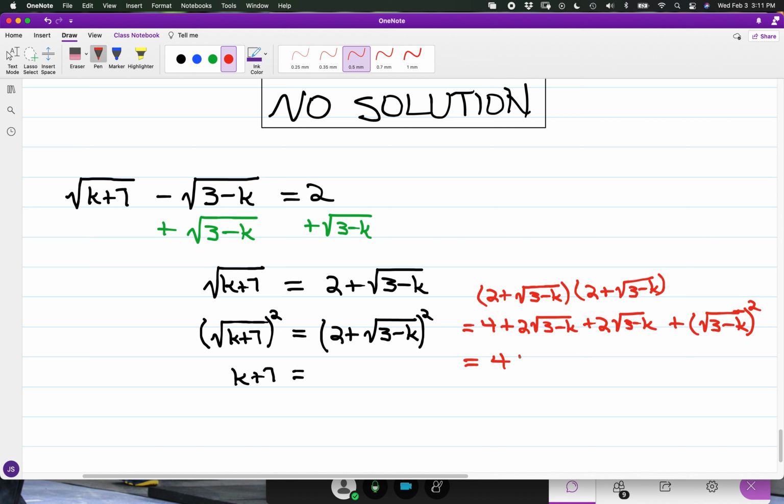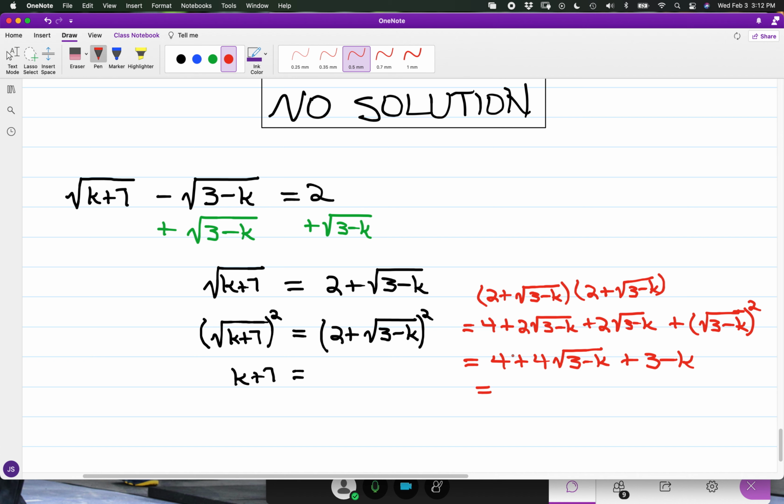The radical terms are like terms, so we've got 2 plus 2 square root of 3 minus k, so that's going to be 4 times the square root of 3 minus k. And with the square root of 3 minus k times itself, that's going to translate to 3 minus k.